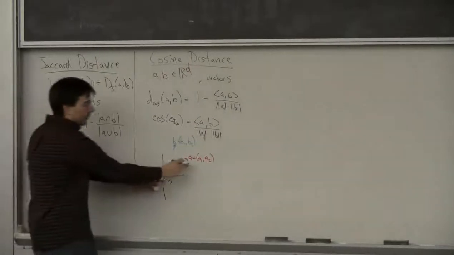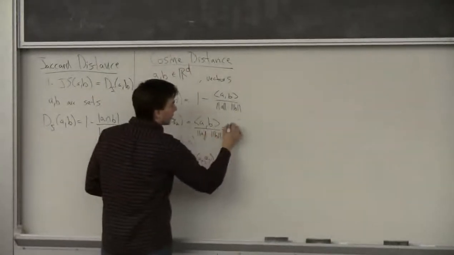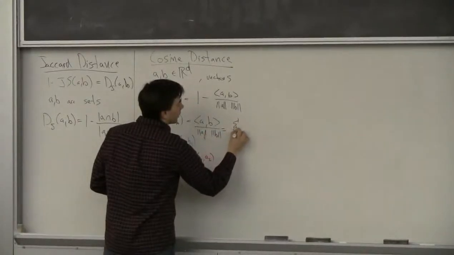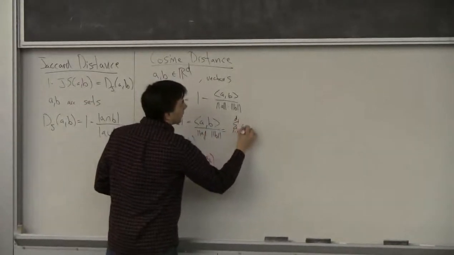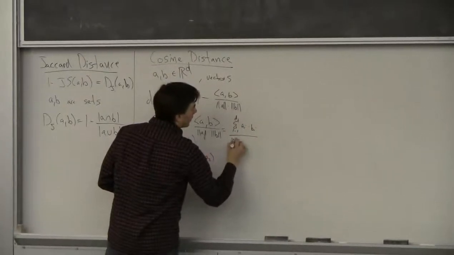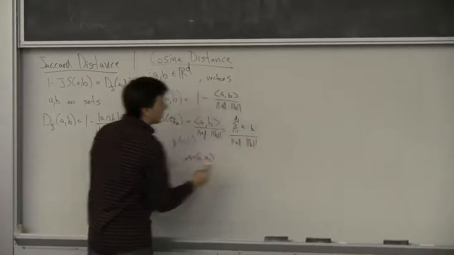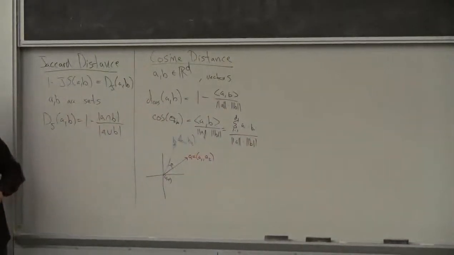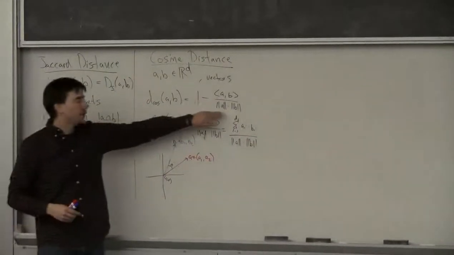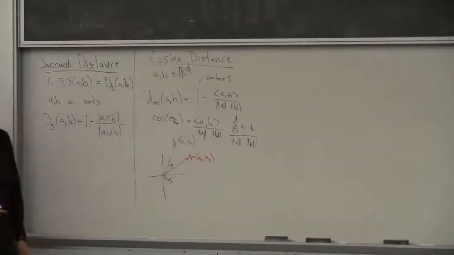The length of the vector is this. So what this is measuring is 1 minus the cosine of the angle between these two vectors.